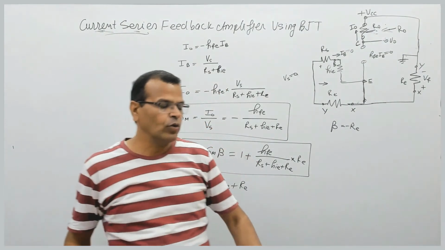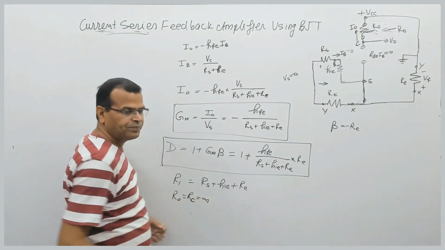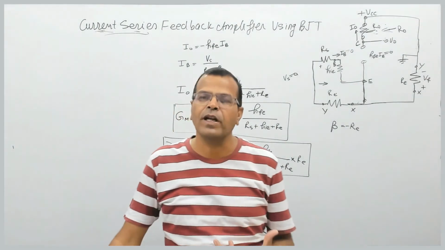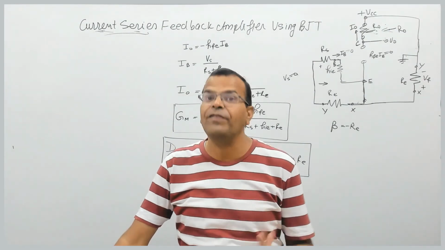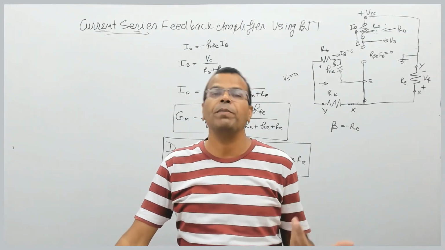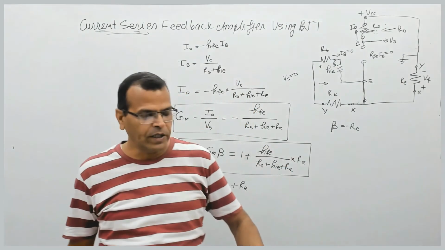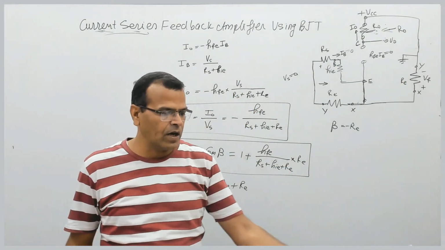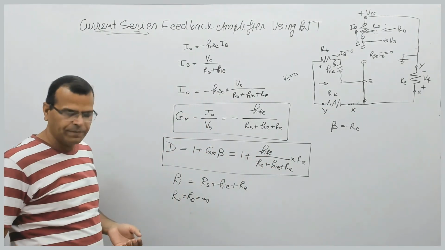Fine. So in some textbooks you may find that R0 is infinite. The reason for that is R0 is infinite when RC itself is the load, so that has to be replaced by open circuit for identification of output resistance. That is why sometimes you are given that your output resistance is infinite. Fine.